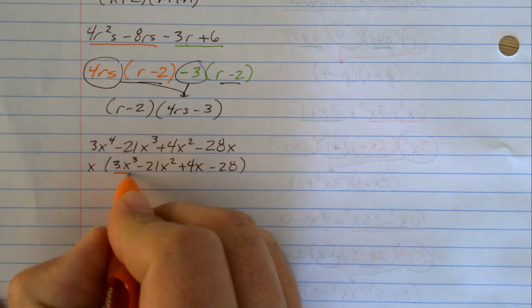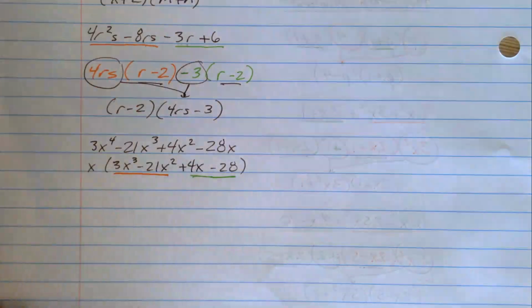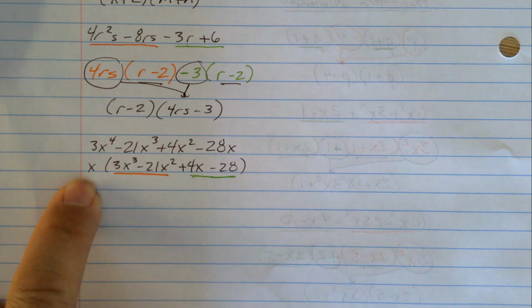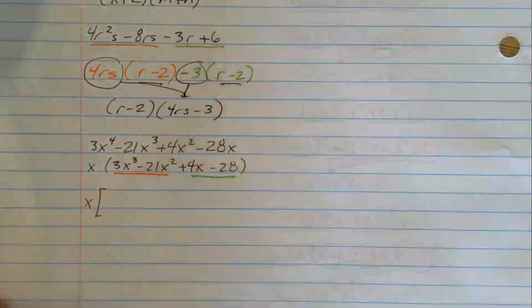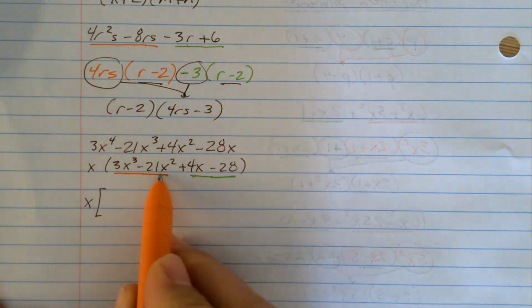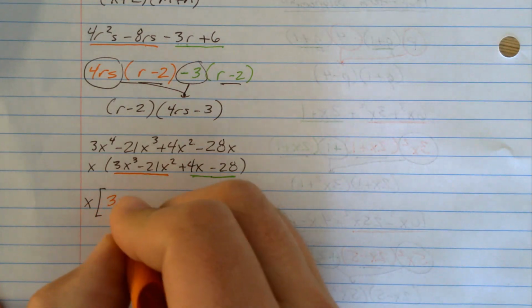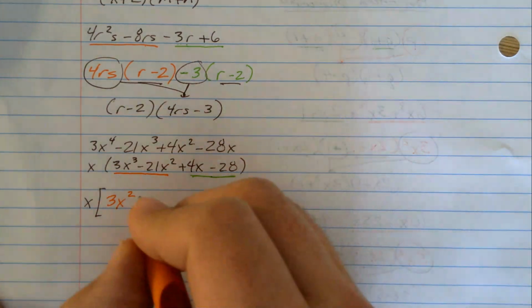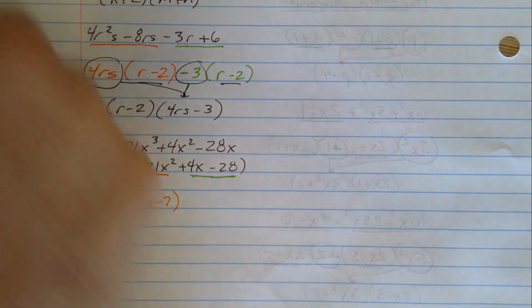And now I'm going to divide it up into my first 2 and my last 2 terms of the 4-term polynomial. Now the x is a part of the answer. We're just not going to use it anymore. Okay? So here for 3x cubed and negative 21x squared, we have 3x squared, which leaves us with x minus 7.